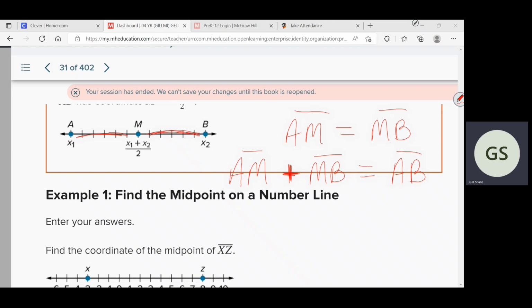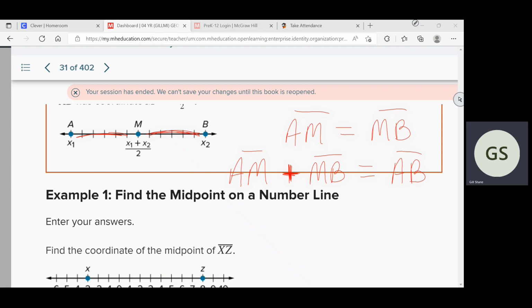It could be way over here. It could be way over here, but this bottom thing will always be true if it's between the other 2 points. This is only true if it's the midpoint. So don't get those two confused. Kids do get them confused. Yeah. All right. So when I scroll up, that's going to stay there. So I'll leave that there.